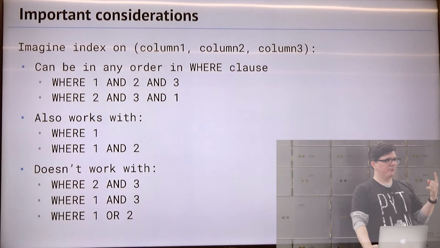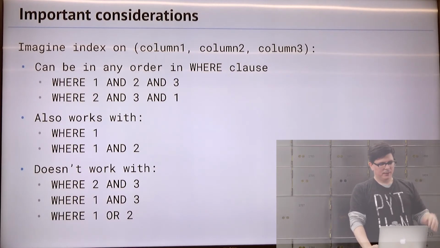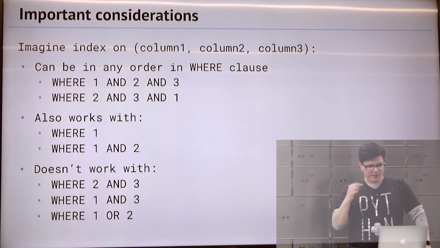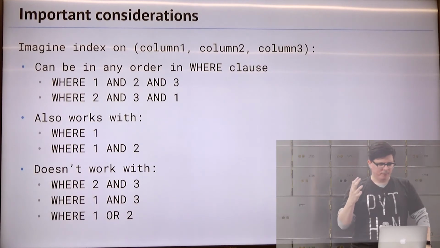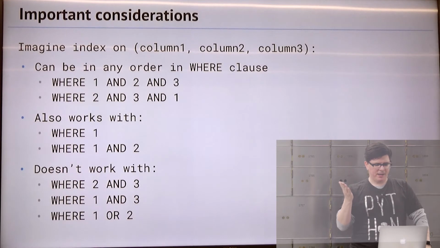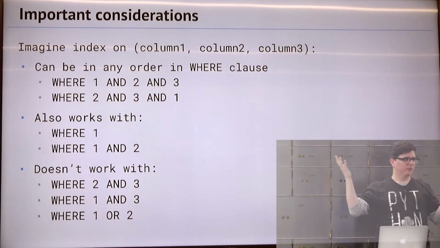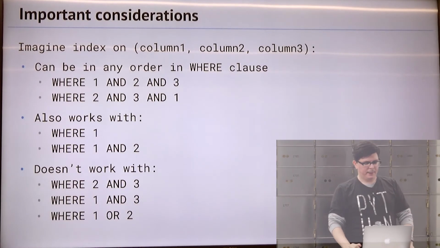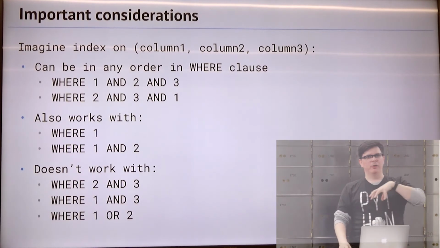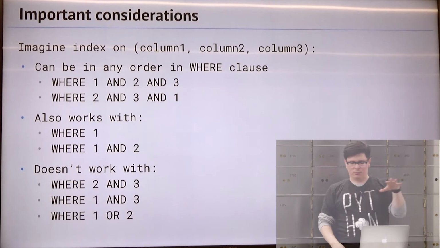But then what about queries that don't need all those columns? This is an interesting thing. It took me a while to learn. If you have an index on, say, these 3 brilliantly named columns, 1, 2, and 3, your filtering conditions can be in any order.